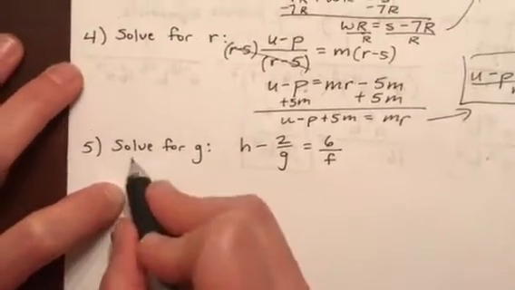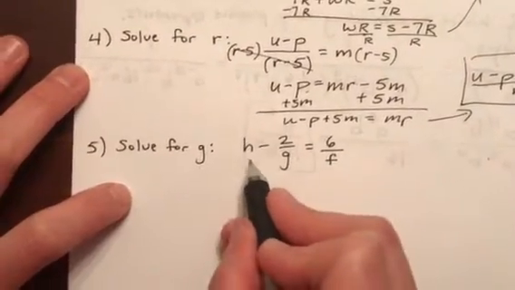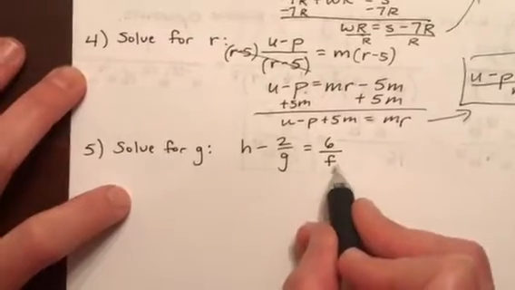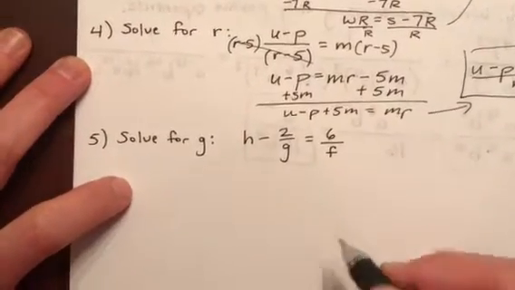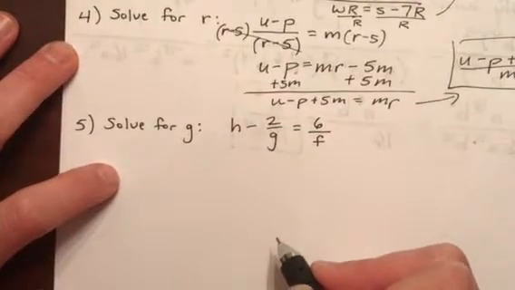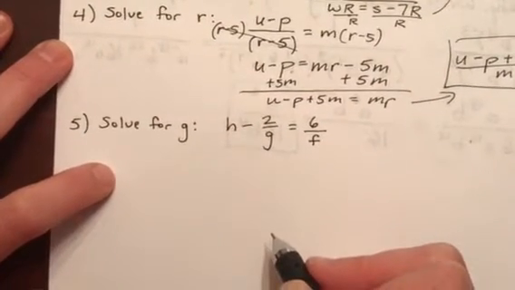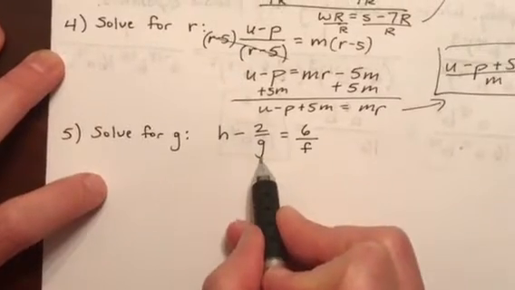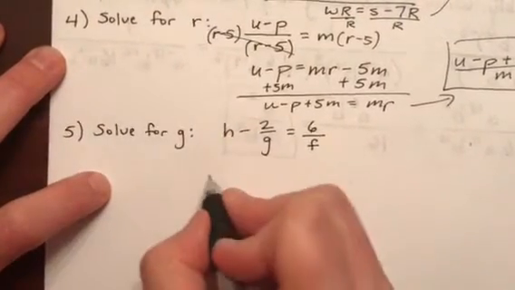Finally, we have solve for g. h minus 2 over g equals 6 over f. All right, here we have two different denominators, and so let's multiply every term by that least common denominator. And so we'll multiply by gf.